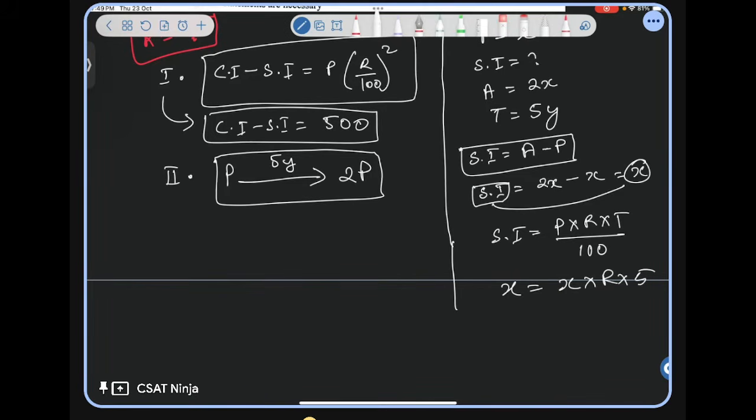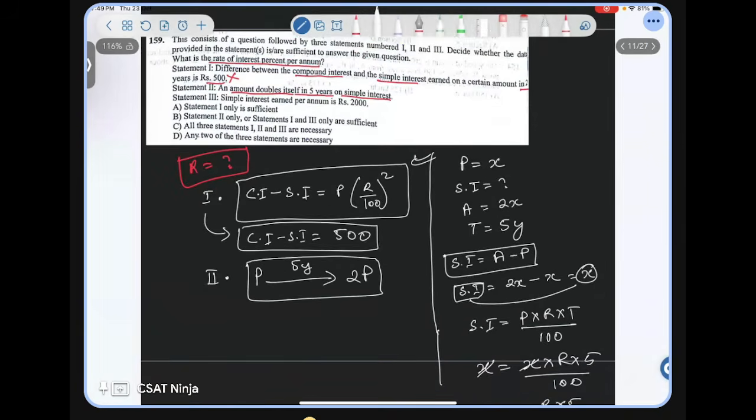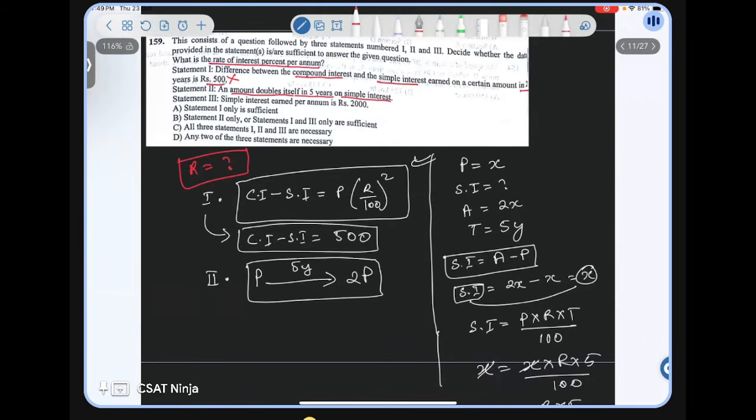Look carefully, X and X will get cancelled. If you transfer 100 to the other side, 100 goes up, which equals R into 5. So I get my value of R, which is 100 by 5. So just by using statement number 2, I can answer. Let us look at the options.